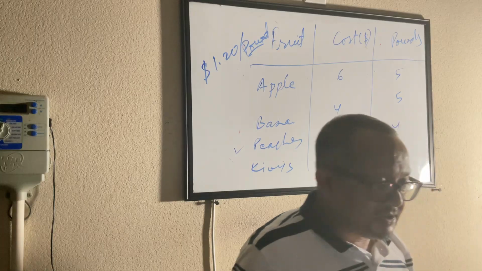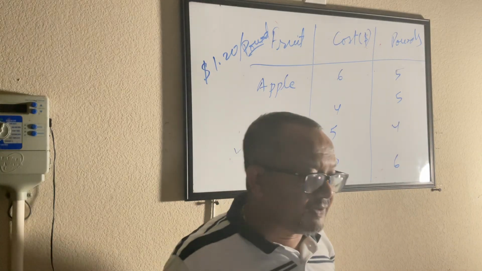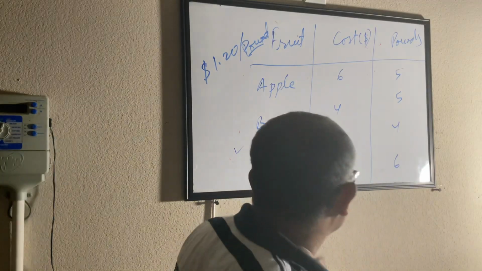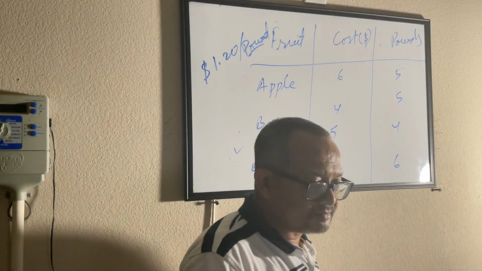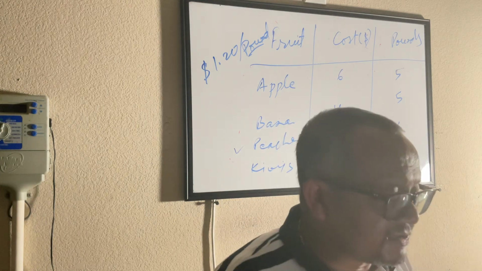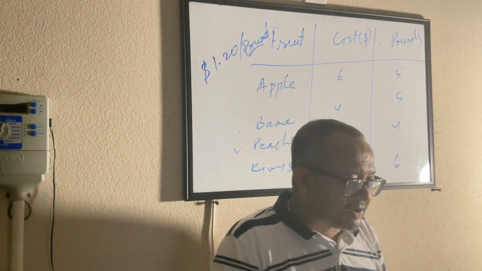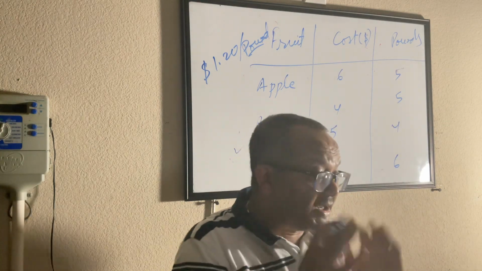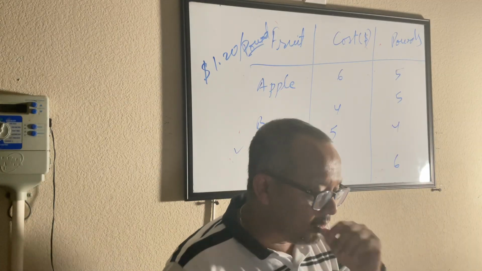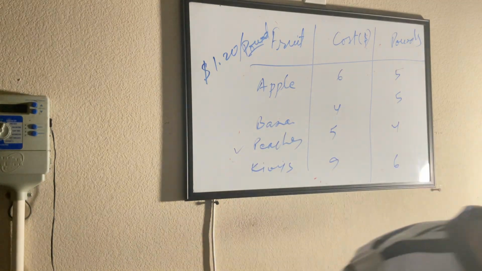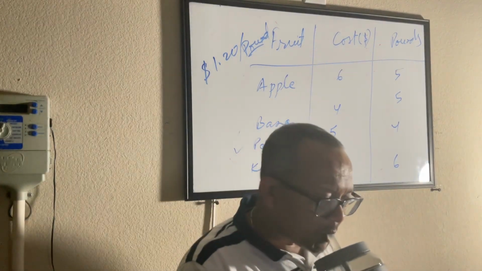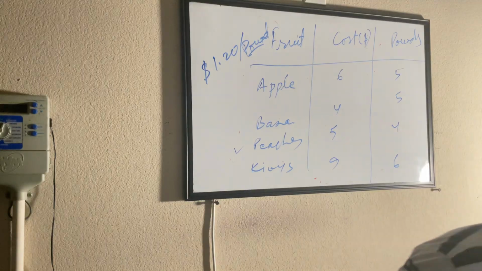So I got three different types of answers. I got apples, peaches, and kiwis also. This is not a difficult problem, but having three different answers certainly makes me think that we have different understanding in the class.